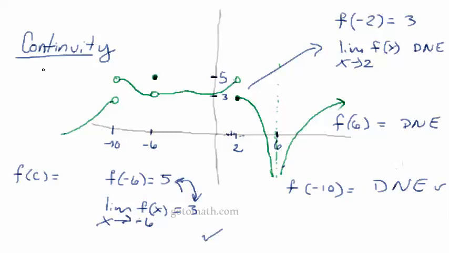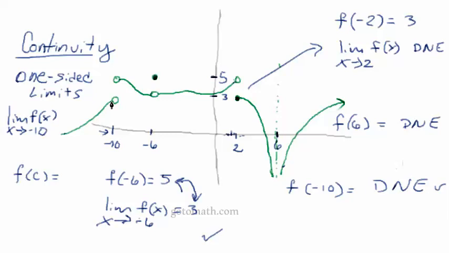Now, one-sided limits. What exactly is a one-sided limit? Well, we've been talking about one-sided limits. For example, this guy right here, if we were asked to find the limit as x approaches negative 10 of f of x, but we want to know just this part here.